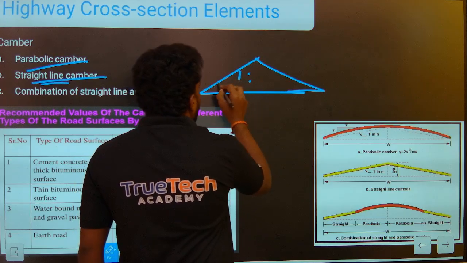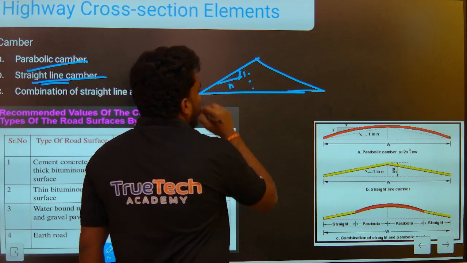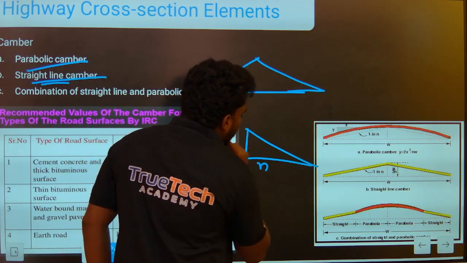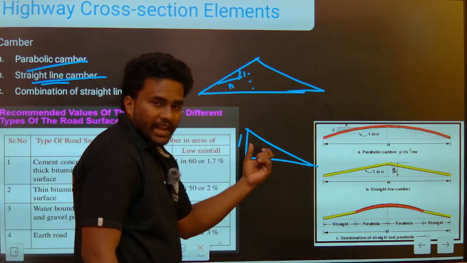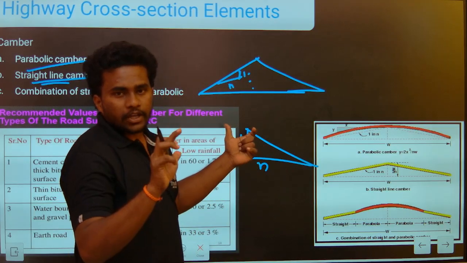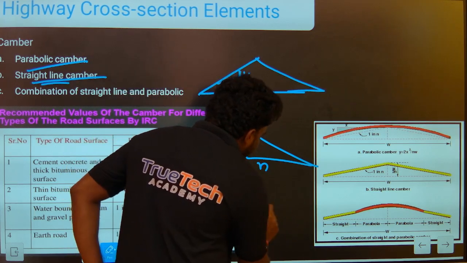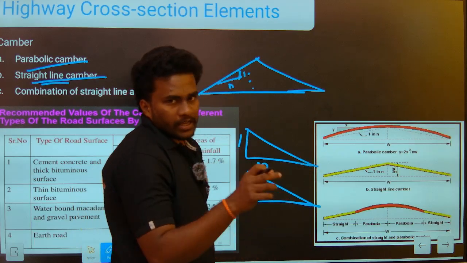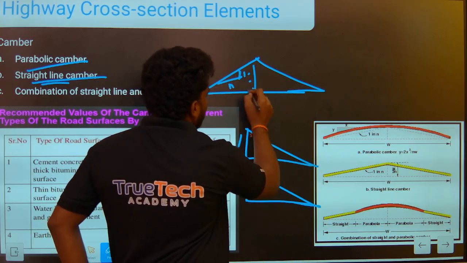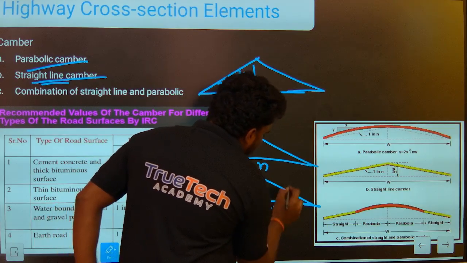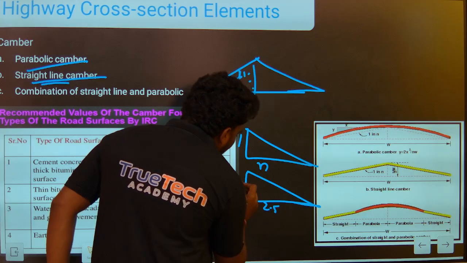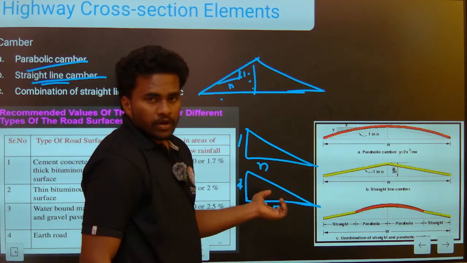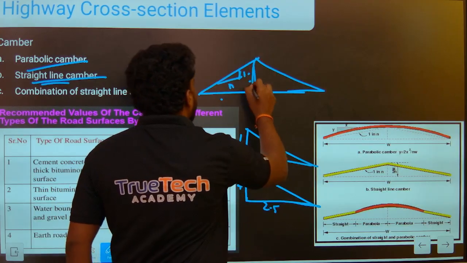This is the cross slope 1 in n. 1 in n is nothing but n horizontal units to 1 vertical unit. For example, let's say the half width of the pavement is 2.5 meters, and for that 2.5 meters, 1 centimeter is the camber height.